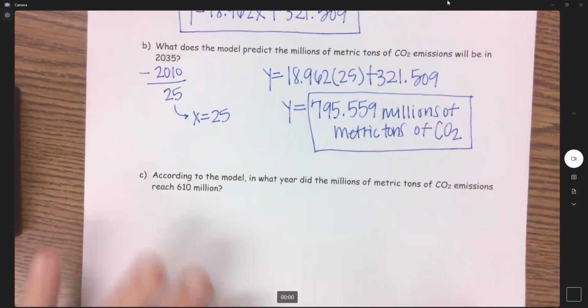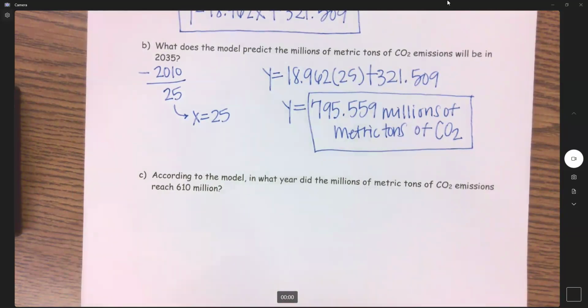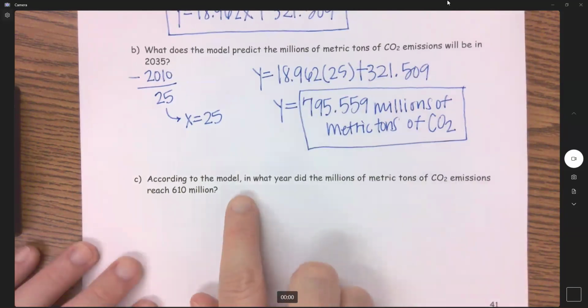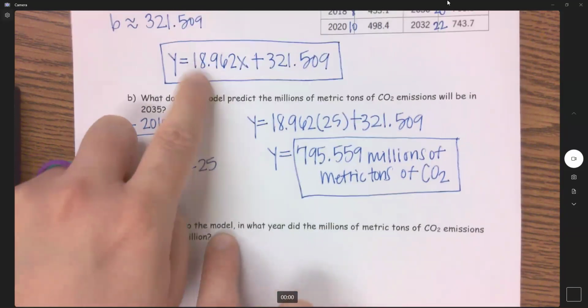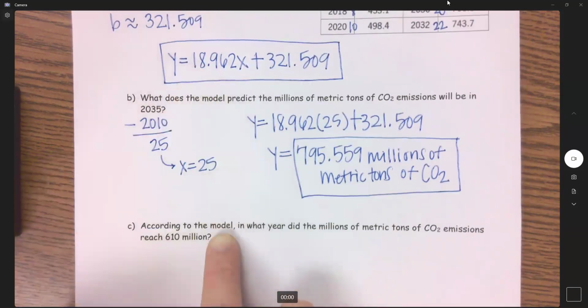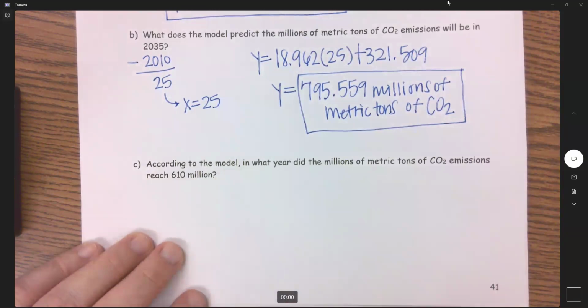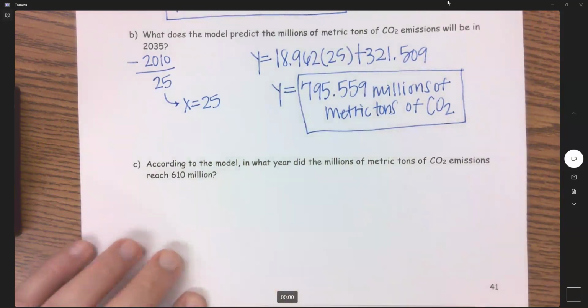Part B wants to know the other way, and this is half of the battle. Are they giving me X or are they giving me Y? According to the model, in what year did the millions of metric tons of CO2 emission reach 610? When they say model, they're wanting the rounded version right here.